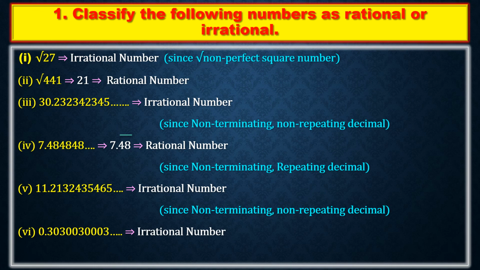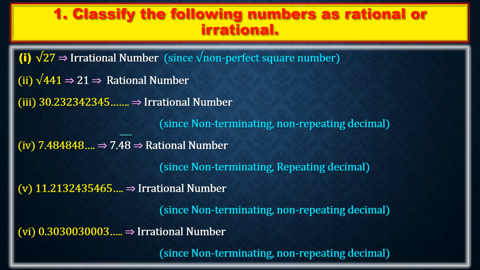Here you have 0.3030030003 like this. Okay, by seeing this you can say that 30 is repeating, so it will be rational, but it is not, because here 30 is there, here 300 is there, here 3000 is there. There is no proper order, no proper repetition. So it is not a rational number because it is a non-terminating, non-repeating decimal.